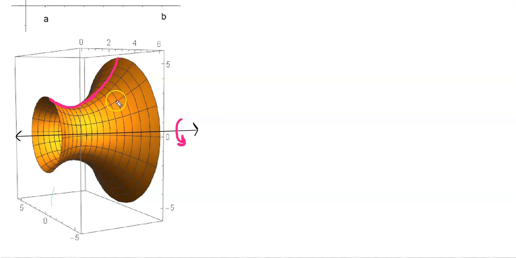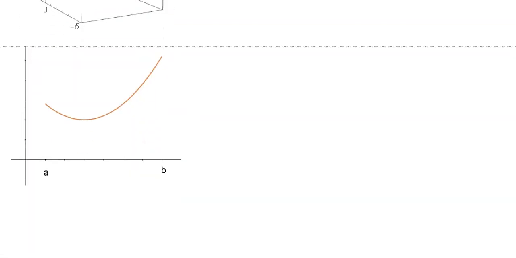The way we're going to do that is sort of similar to the way in which we calculated the arc length of a curve. So let's go back to the graph of the original function. Now here's the graph of the curve that we are rotating around the x-axis to form that surface.